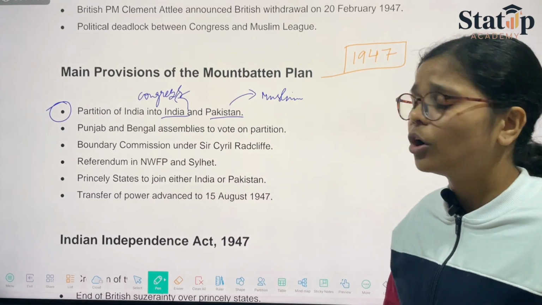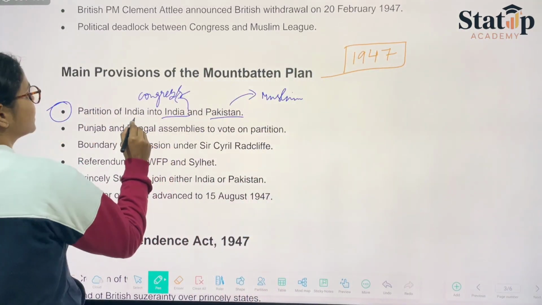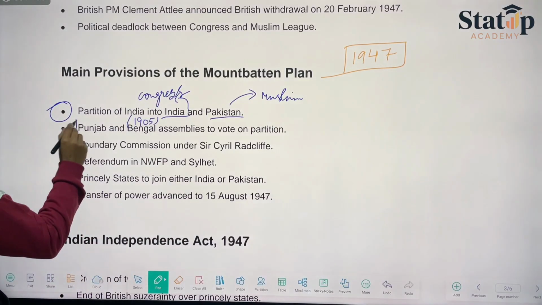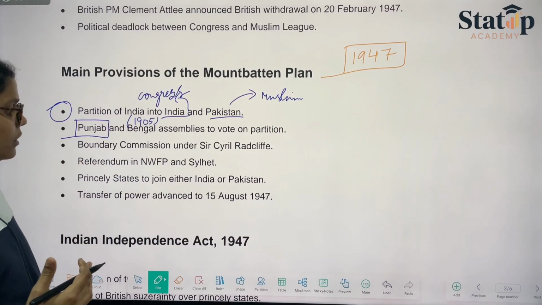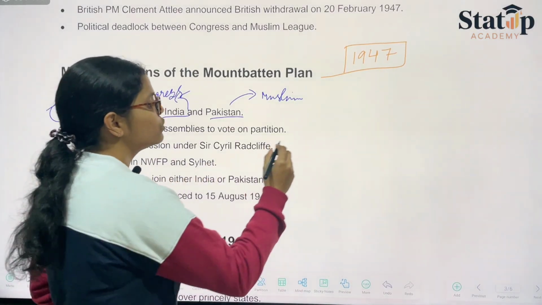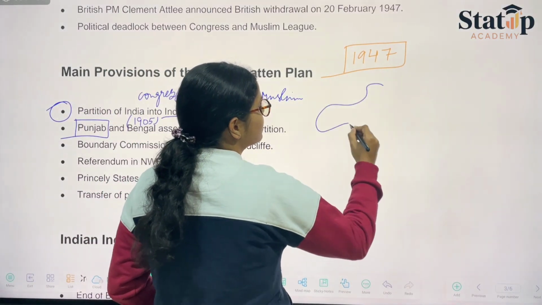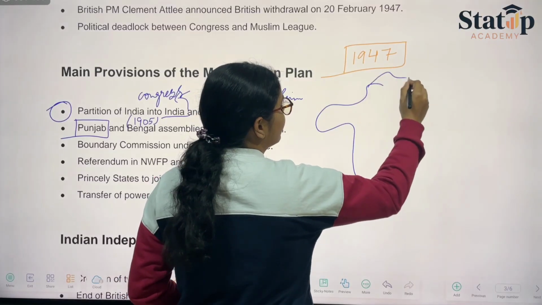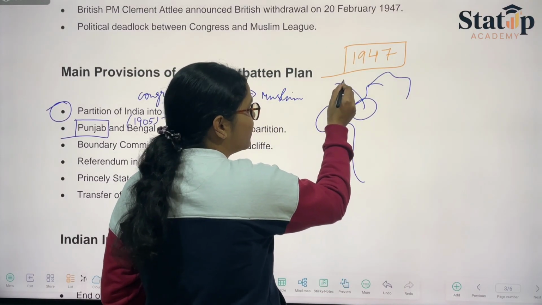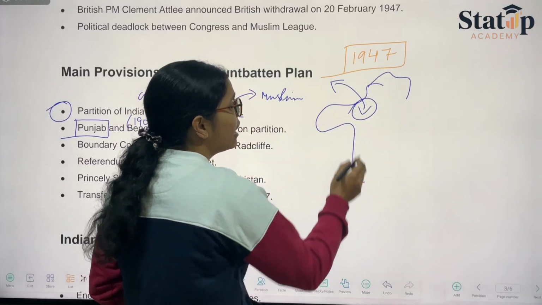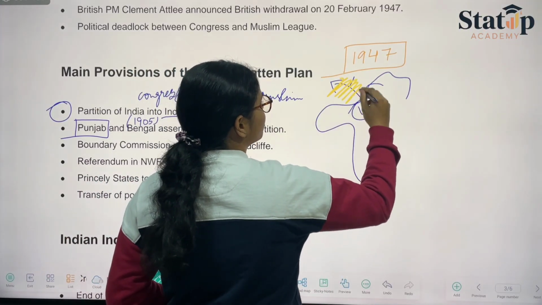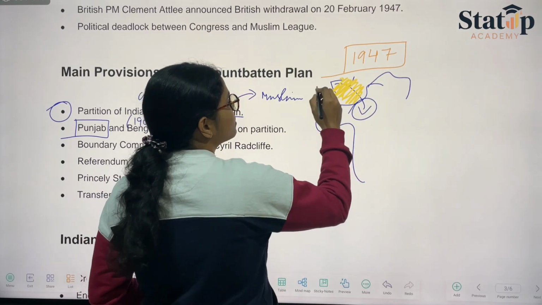Why Punjab and Bengal? The partition of Bengal we have already seen in 1905, whereas most of the Punjab was to be partitioned. During the partition, when you see India like this, the Punjab has been divided, and the majority has been kept in India, and half of the Punjab has been given to which country?